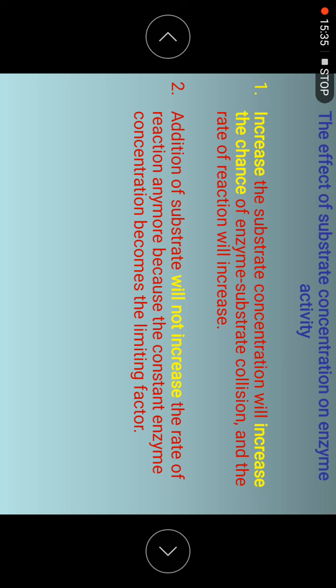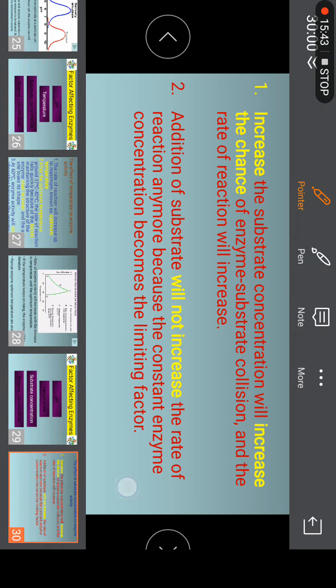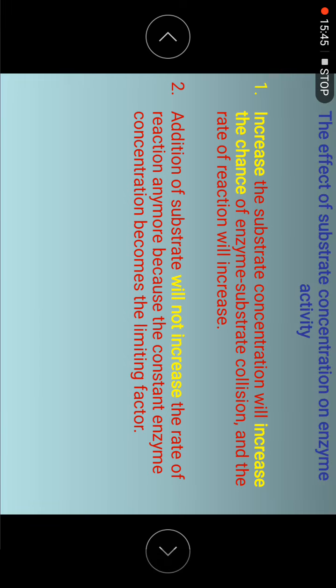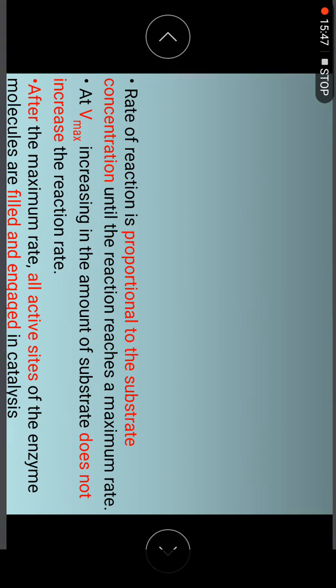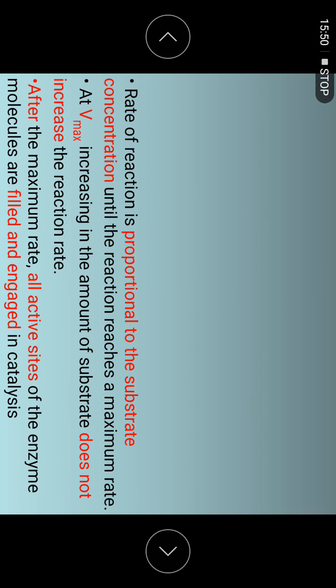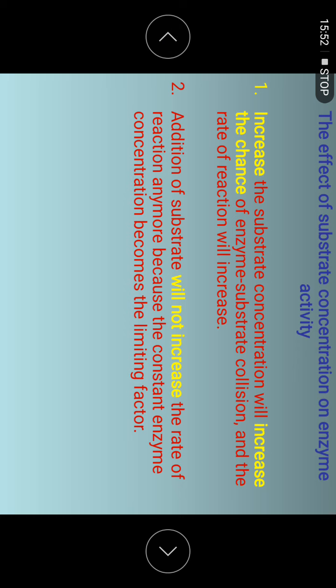So at one point, even though you have 20 substrate, only 10 enzyme to bind to, so the rate will not increase. The addition of substrate will not increase the rate of reaction because the constant enzyme becomes the limiting factor.